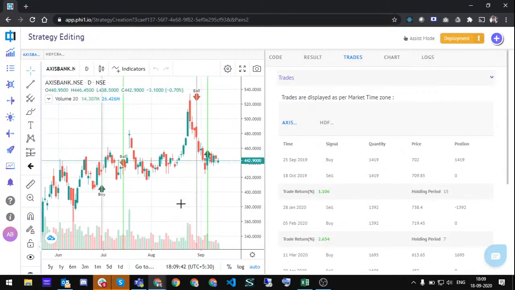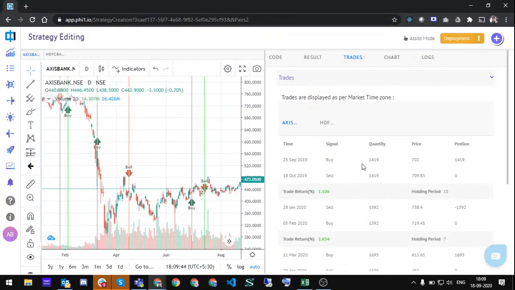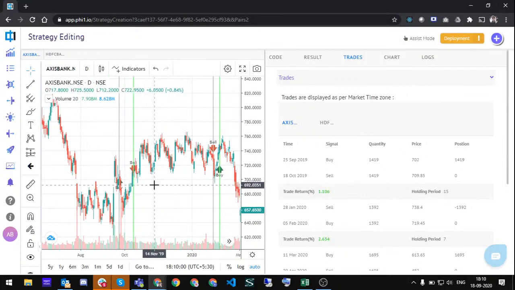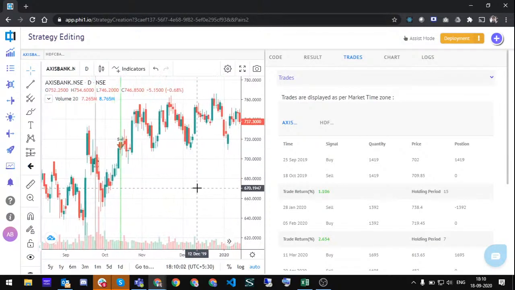Essentially on 25th of September, we went long Axis and short HDFC, and based on whatever initial capital we provided, it'll calculate the quantity on its own and the ROI as well. And visually, if we want to inspect the trades, then we can do that on the chart as well.